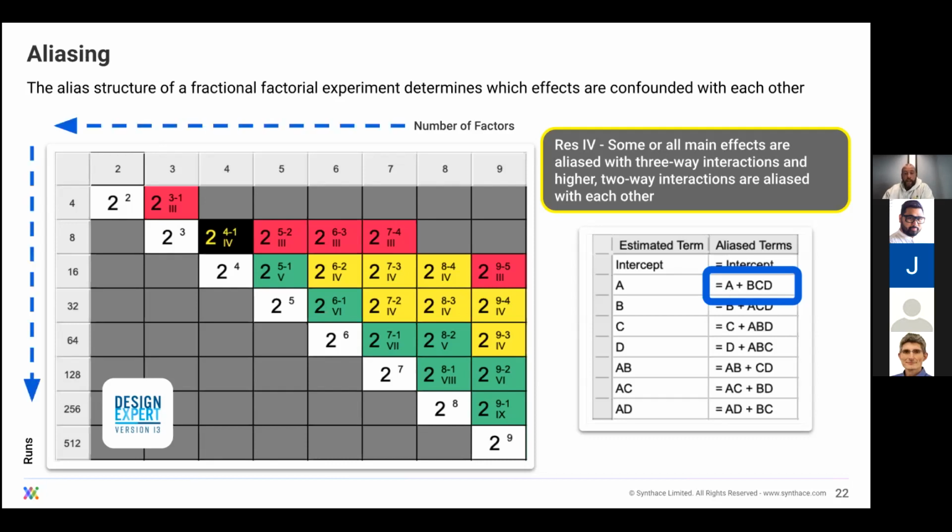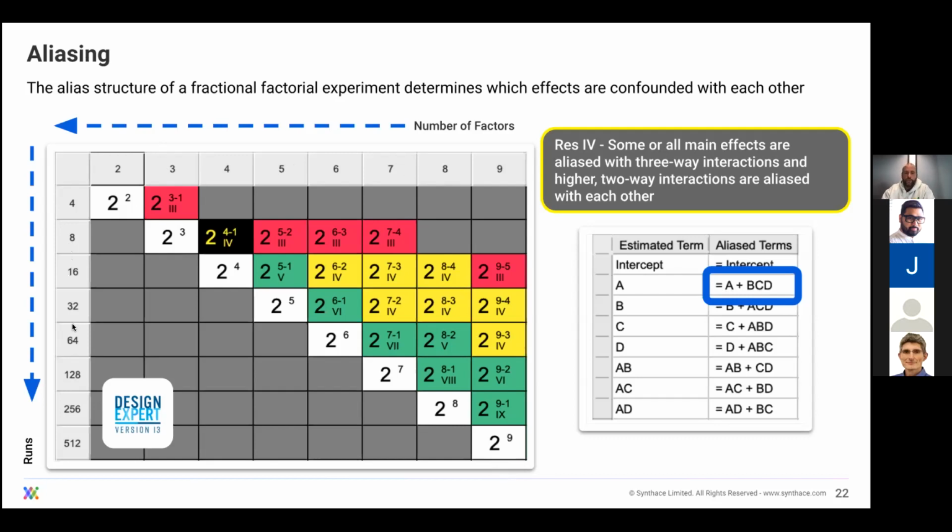If during your assessment of these alias terms you think that you do need to be able to discern the effect, then you have some options. Up front of any experimentation, hopefully you can see from this table that you can either reduce the number of factors you are going to look at or increase the number of runs you can execute.